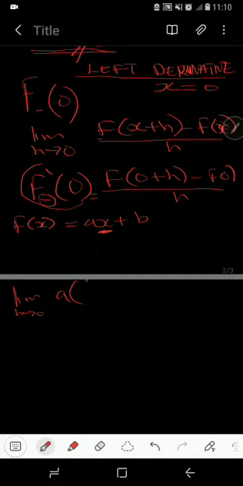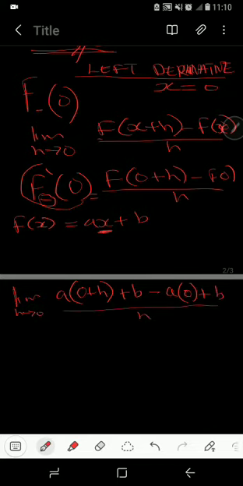That's a, where there is x, you put 0 plus h, minus the function, so plus b minus the function we have is this one, a, but there you are going to put 0 where there is x, over h. So solving this, you will do something like this.